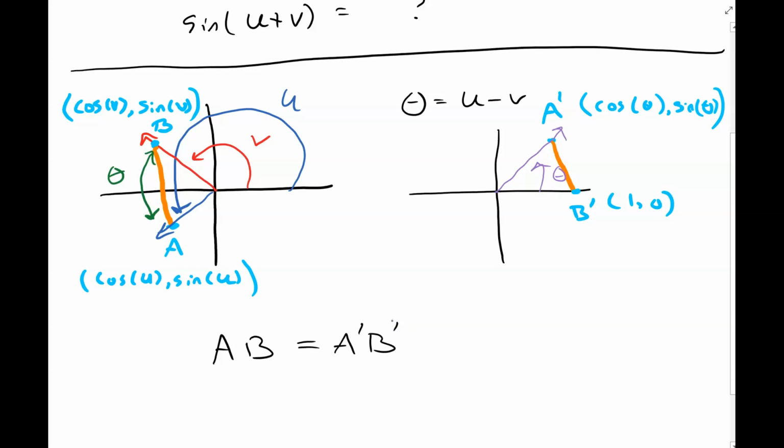Here I'm using the notation for the length of a segment from geometry. Remember that? So that's what AB and A prime B prime are. Back from geometry, how did we calculate the length of a segment like that? We had a formula to do this. Does anybody remember what it was called? It has a very common-sensey name.